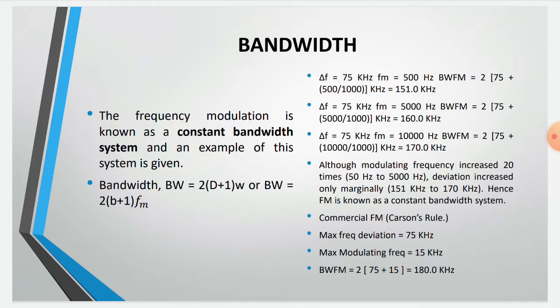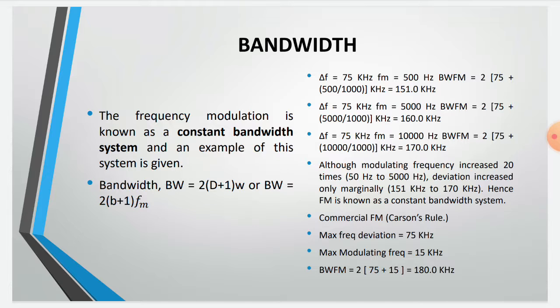BW FM is equal to 2 times the quantity 75 plus 5000 over 1000 kilohertz, and that is equal to 160 kilohertz. And lastly, delta f is equal to 75 kilohertz when fm is equal to 10,000 hertz. BW FM is equal to 2 times 75 plus 10,000 over 1000 kilohertz, and that is equal to 170 kilohertz.